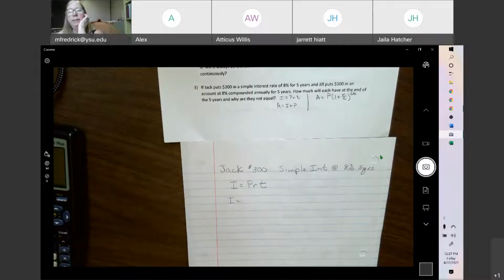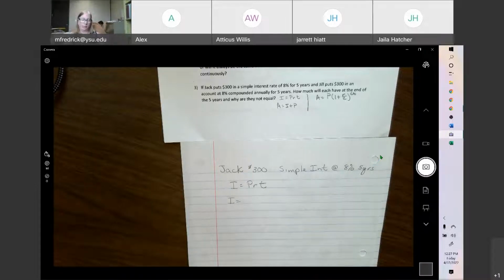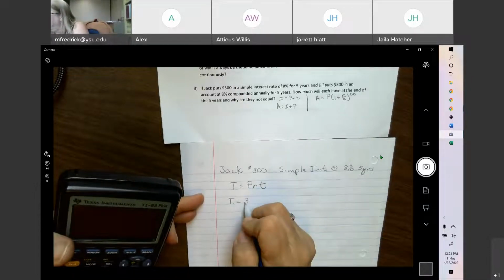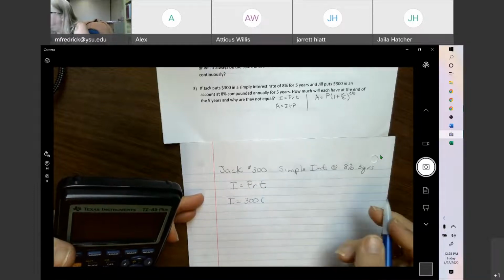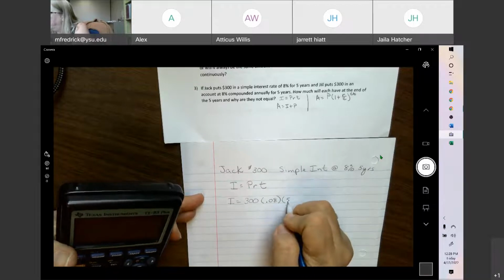So go ahead and find out how much interest we made. When you get your answer, type it in. Yes, 120. 300 is our starting amount, our rate 8% as a decimal, and the number of years 5.